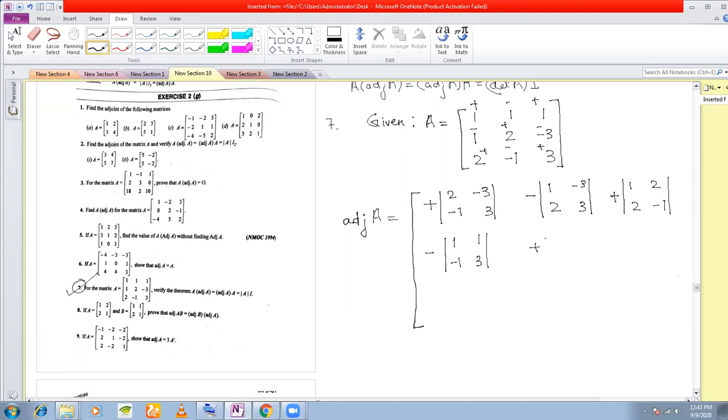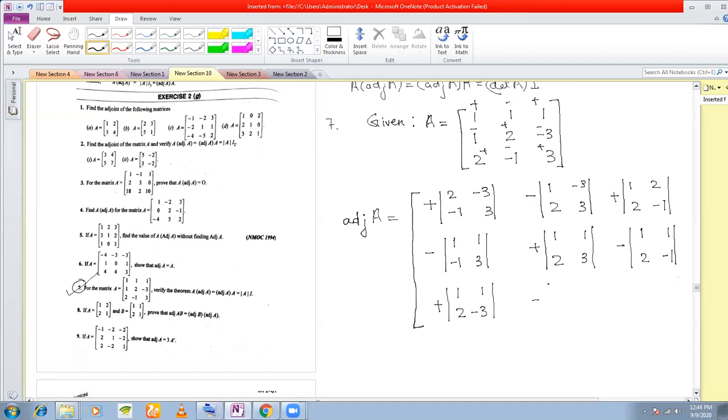Again with the plus sign, the minor here is [1, 1; 2, 3]. Minus sign, the minor here is [1, 1; 2, minus 1]. Again with the plus sign, you have [1, 1; 2, minus 3].